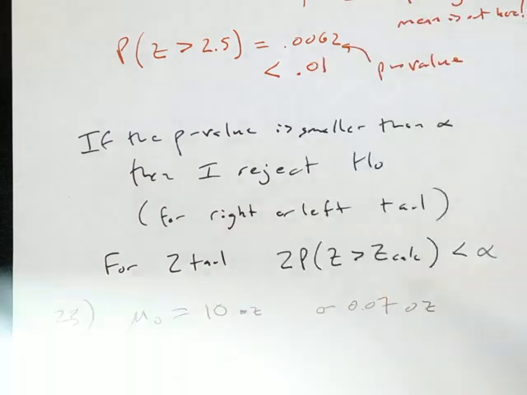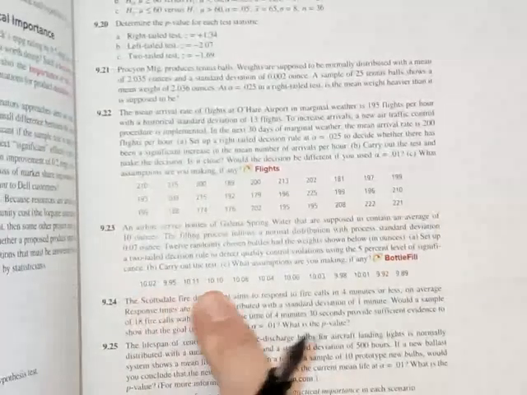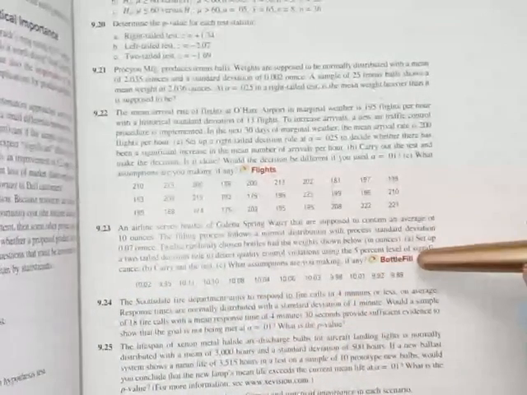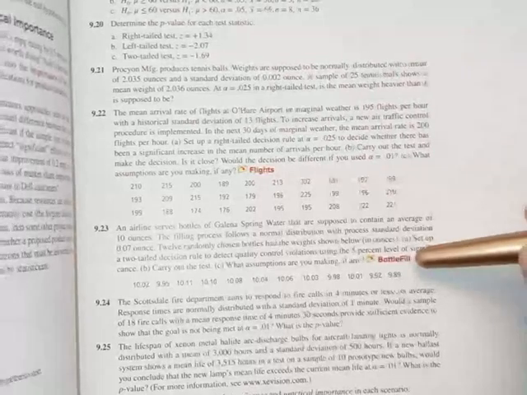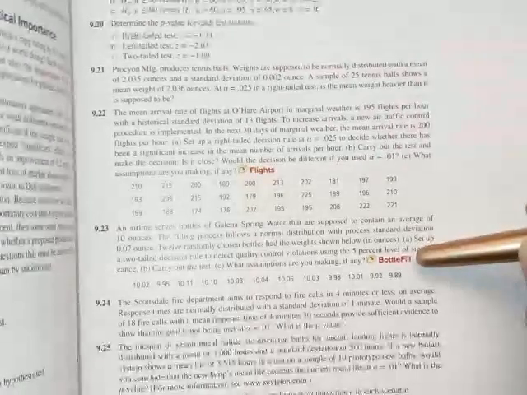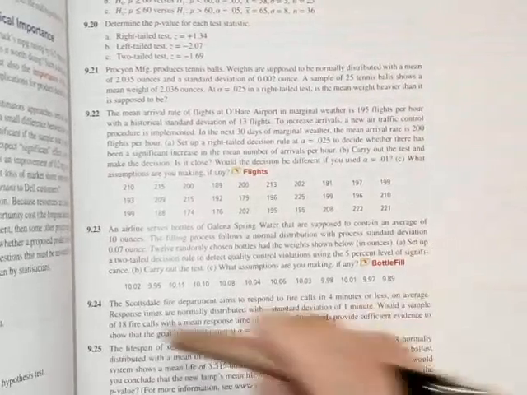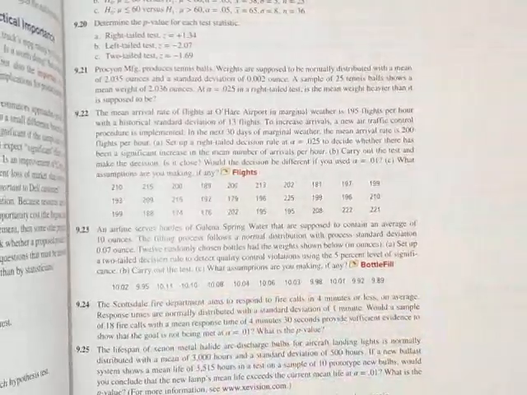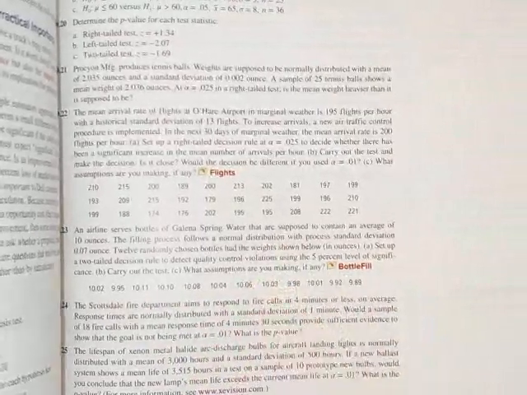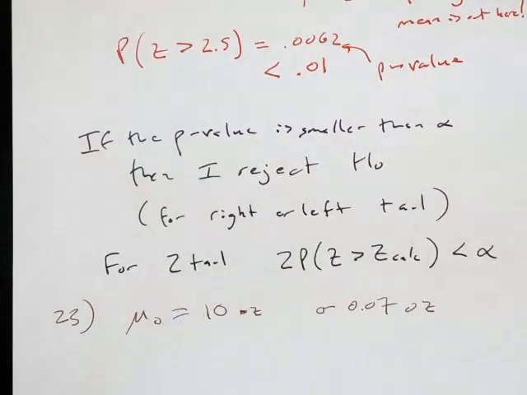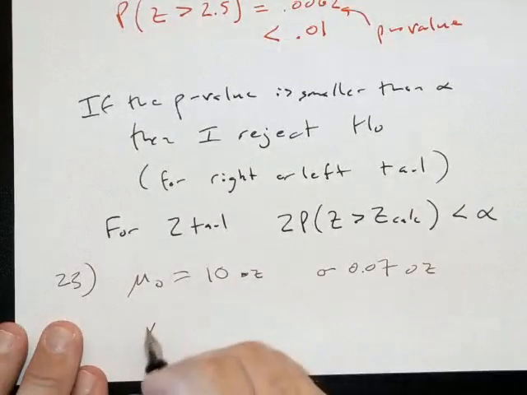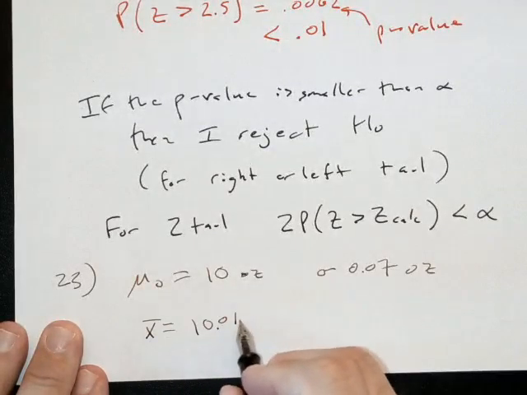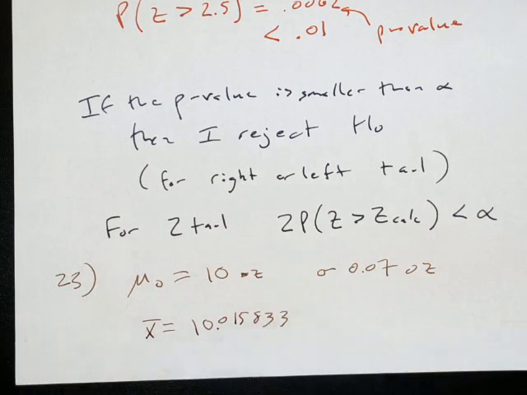Here are my 12 randomly chosen bottles. Notice there's a data file for this. So you can go to Excel, you can download this data file from our chapter files on chapter 9, and you can get all these numbers. And then you can compute the average. And you have the population standard deviation. You were given sigma. So you test these 12 bottles. And when you test these 12 bottles, you find out that the average is a little bit more.